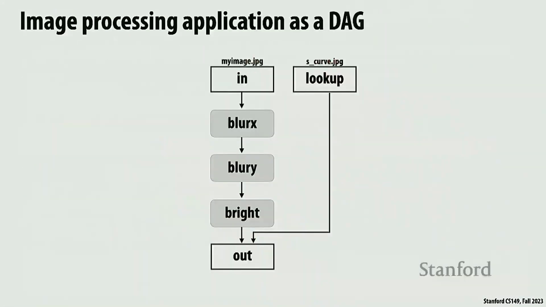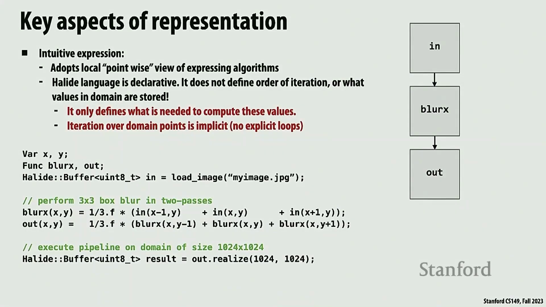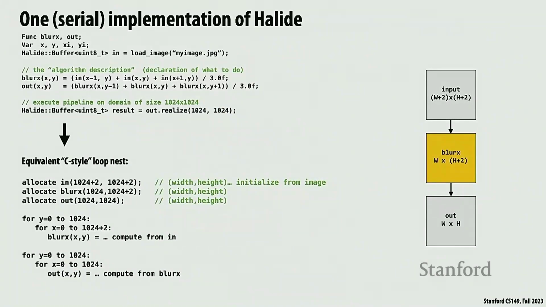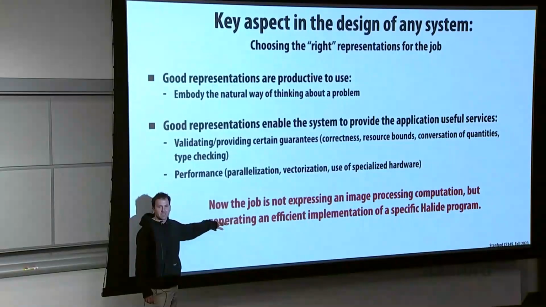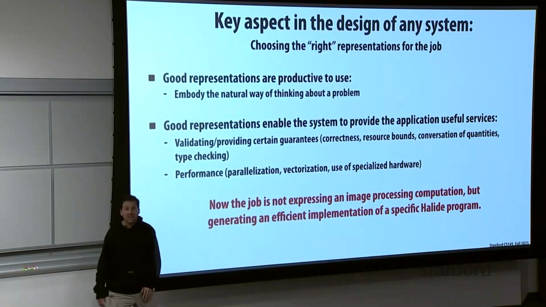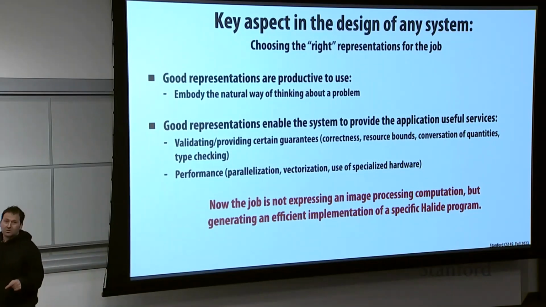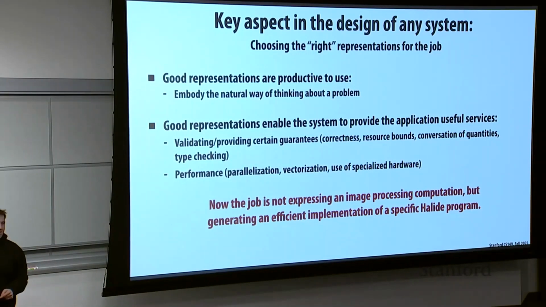The Halide programmers had written a bunch of these things in assembly, and they said it'd be nice to have a compact syntax, but what we really want is to explore the optimization choices that we know are likely, and to do it very quickly. So the job is not expressing the image processing calculation. The challenge at hand is your 149 assignment, which is to make it fast.